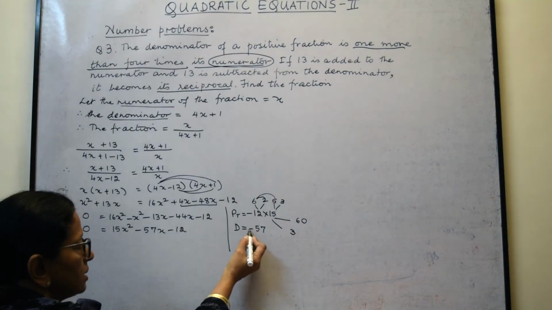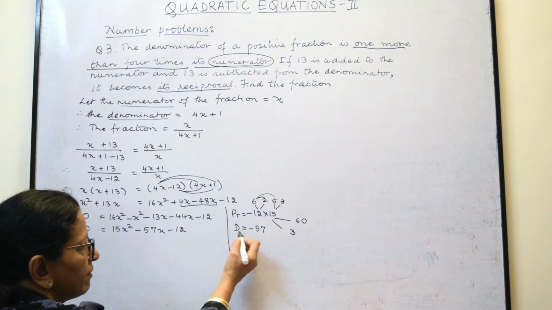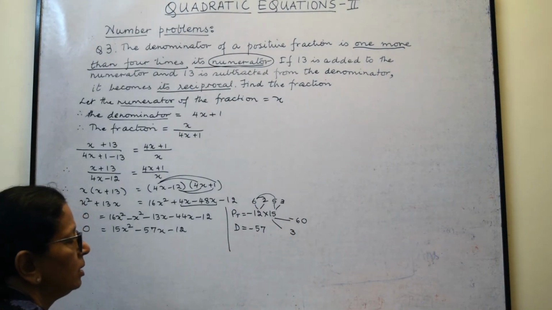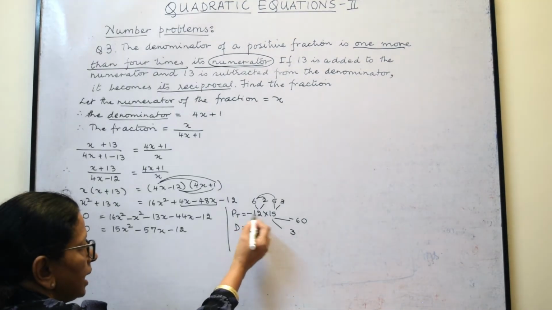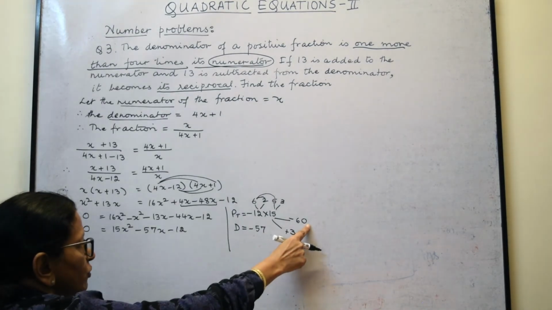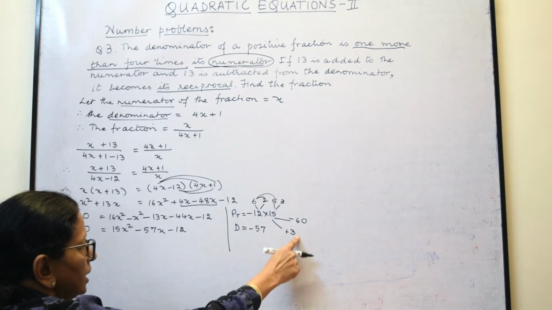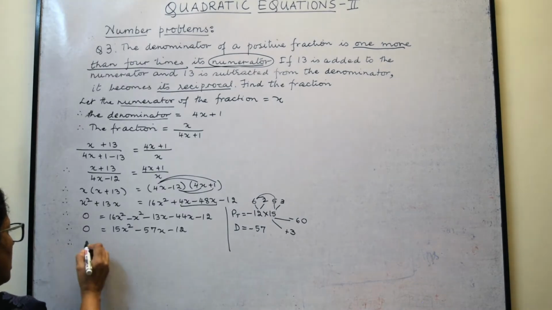But because there is a minus sign here for this 57 difference, the bigger number gets the minus sign, and the product is negative, so this term is going to be positive. Now double check. If you multiply this, do you get a minus product? Yes. If you take the difference, do you get minus 57? Yes. And so these are our factors.